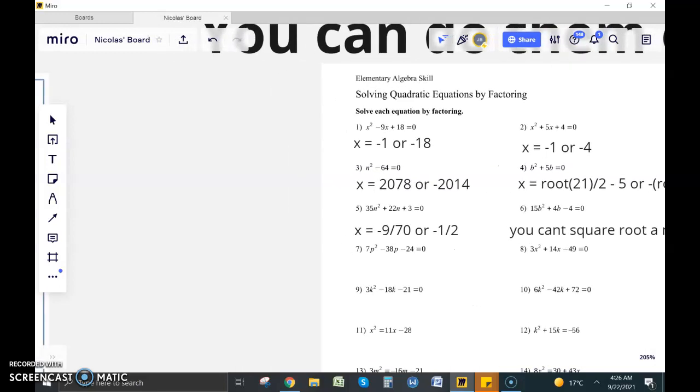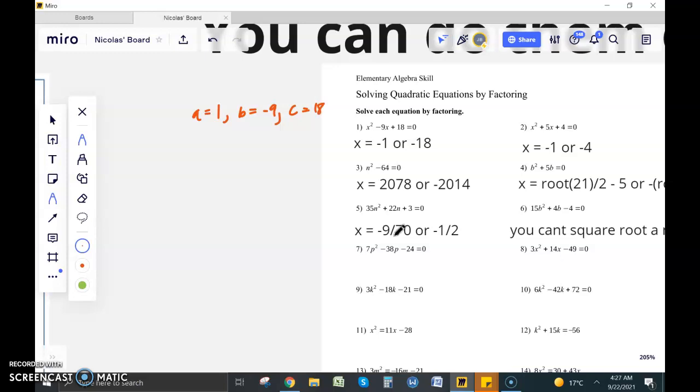Okay, so let's look at this first one here. Again, x squared minus 9x plus 18 equals 0, right? So first off, I'm going to write what a, b, and c are. So a equals 1, b is negative 9, and c is 18. So now I just plug it into my formula. Negative b plus or minus the square root of b squared minus 4ac over 2a, those are my solutions, right?